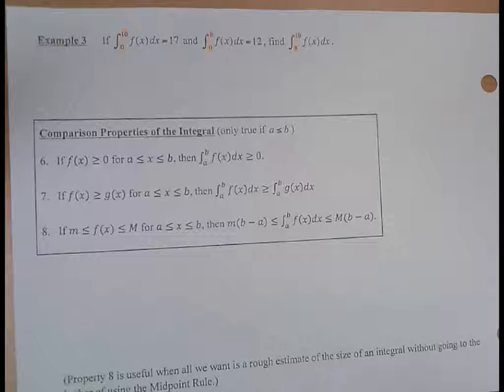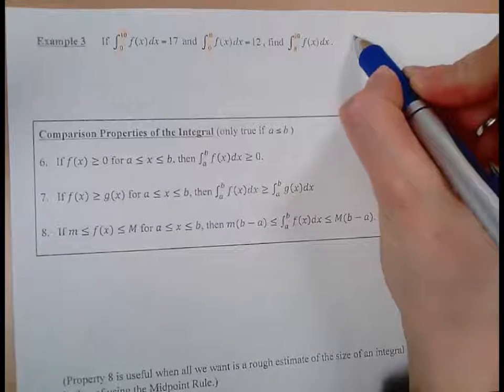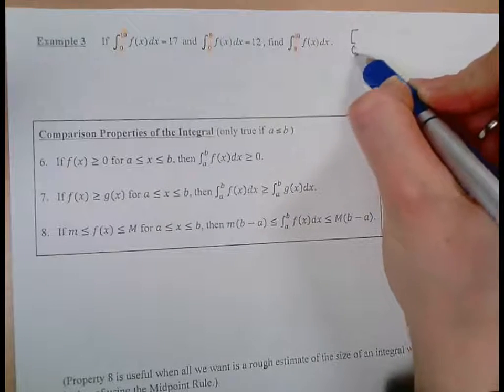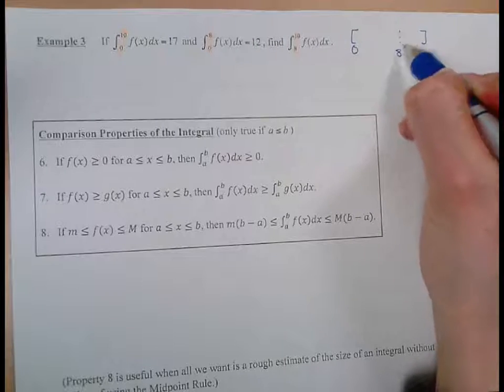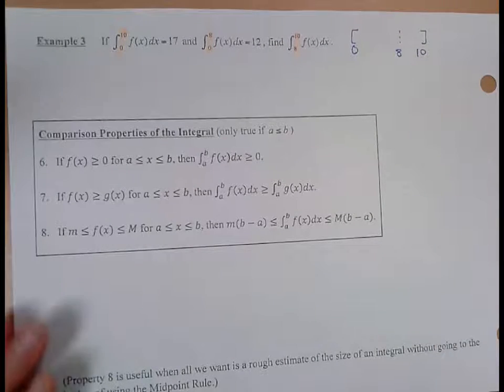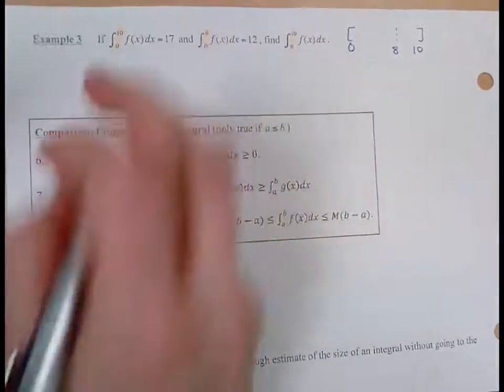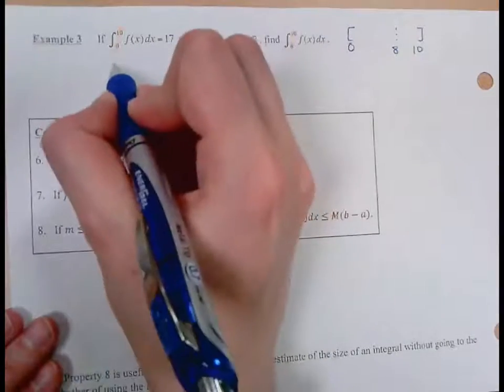So it looks like we have 0 to 10, 0 to 8, and then 8 to 10. So we're starting at 0, going to 10, and somewhere in there we have 8. Not that you would have to write this out, I just want you to understand it.